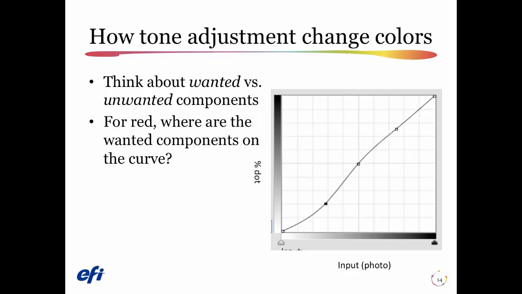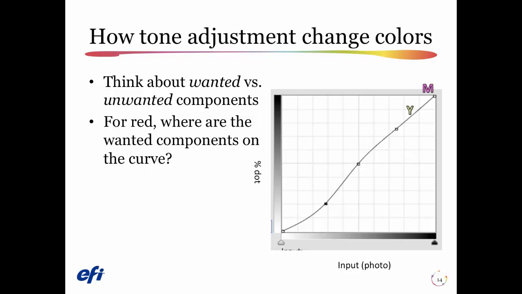The wanted components in a red are magenta and yellow. Well, magenta is an easy guess. Magenta is probably at 100% in red color. So if I draw magenta onto this tone curve at the right, remembering that the percent dot on the left Y scale goes from 0 at the bottom to 100 at the top, magenta is sitting up here. What about the yellow, the other wanted component in a red? Probably in the range of 80% in a bright red color.